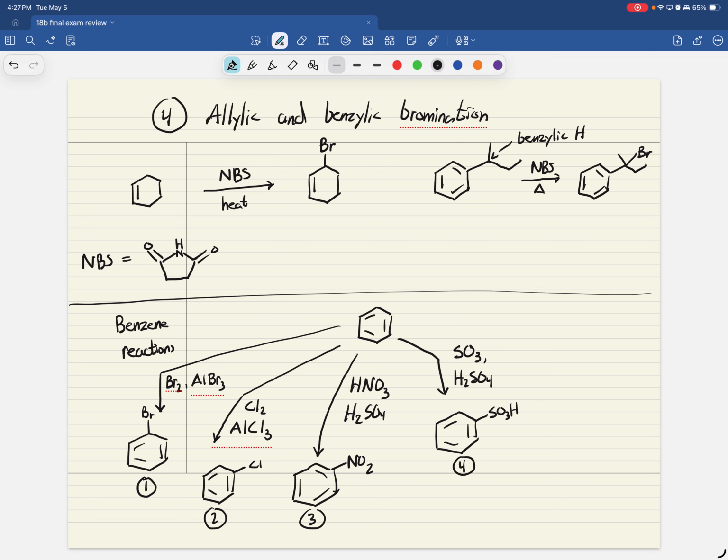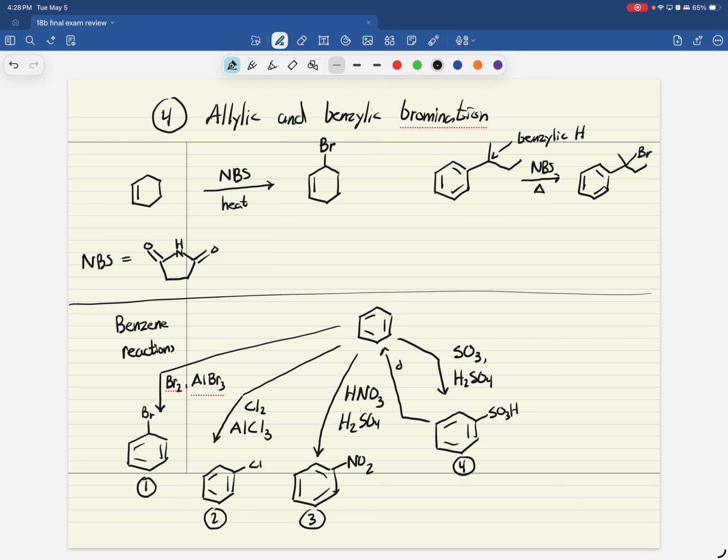All right, so we can put on a sulfonyl group. We can also remove it. How would we remove it to get back to benzene? You guys remember how we remove a sulfonyl group? No, it's not DMSO. Yeah, we're going to use dilute water.